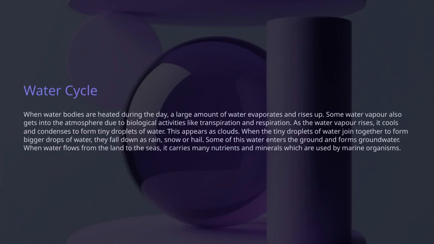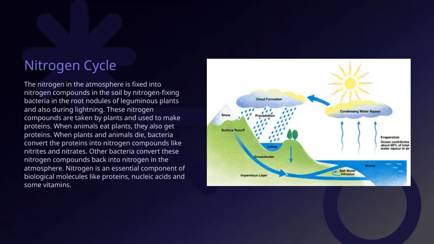Finally, as water flows from land to seas, it carries nutrients and minerals along with it. These are vital for marine life, supporting the entire oceanic food chain. This continuous movement highlights how interconnected our water sources are and why maintaining this cycle is essential for life on Earth.